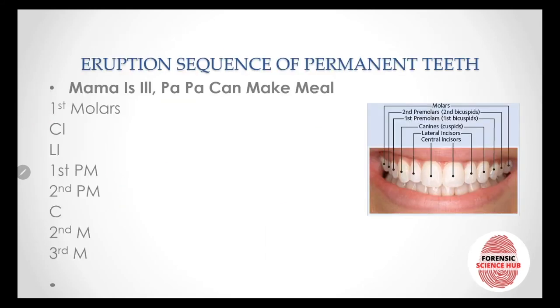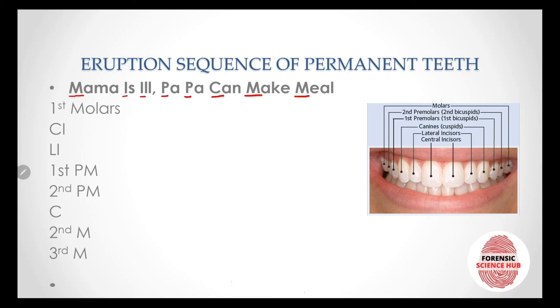Now let's talk about the eruption sequence of permanent teeth. For this you can remember this one line, that is, mama is ill, papa can make meal. So you need to remember the first alphabets here, MII, PP, CMM, and everything is sorted.